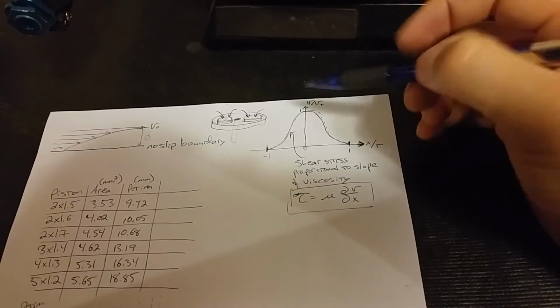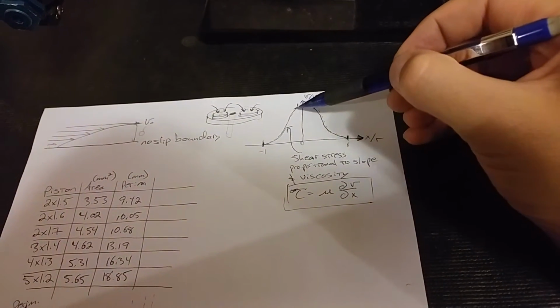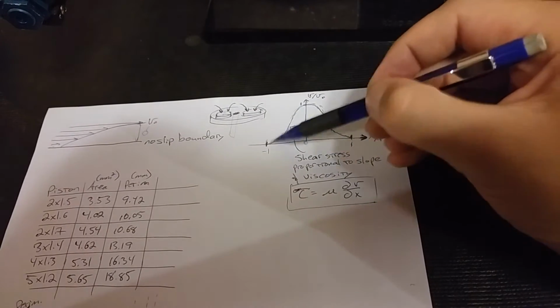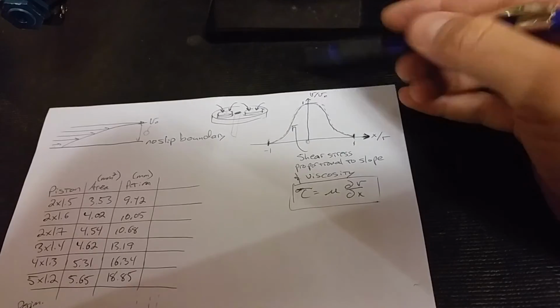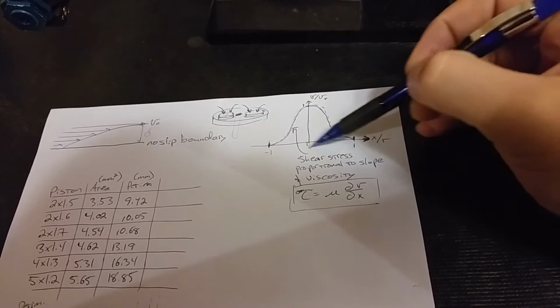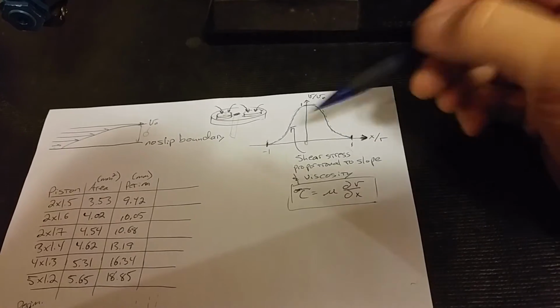The slope of this curve at any given point in space will determine what the shear stress is within this fluid. And the shear stress plays into an effective resistance.